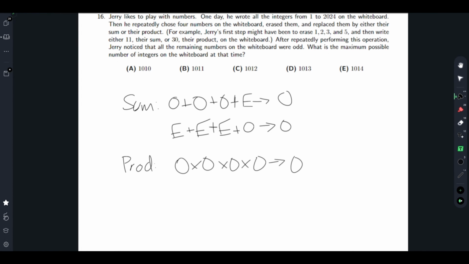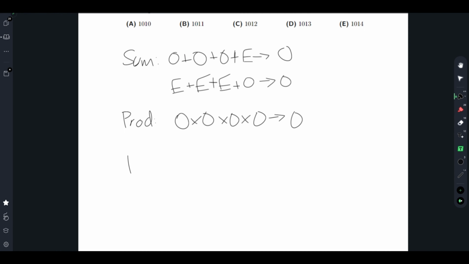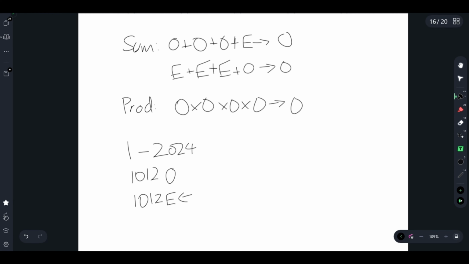Okay, so we want only odd numbers, and we've got to maximize this. From 1 to 2024, there are 1012 odd numbers and 1012 even numbers. We want to get rid of all these even numbers. How do we do that? Well, the most efficient way is to use formula 2.